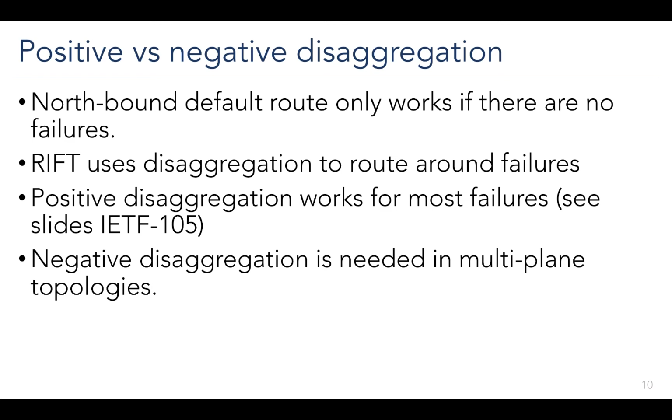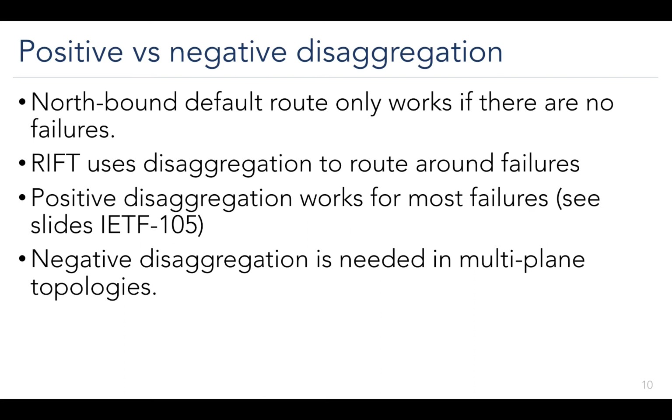But if there is a failure in the topology, it's no longer possible to use a default route for all northbound traffic, and it becomes necessary to install more specific routes for certain prefixes to route the traffic around the failures in the network. This is exactly what disaggregation in Rift is. It's the installation of more specific routes to route the traffic around failures in the network, and to do that in a fully automated way.